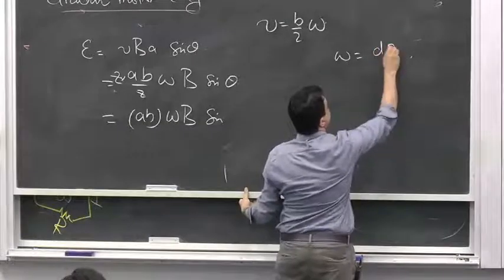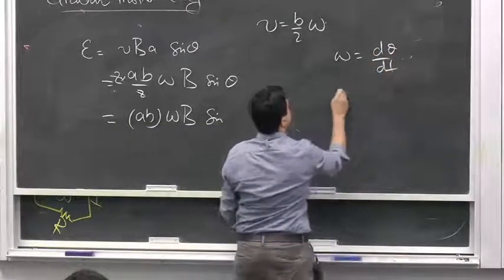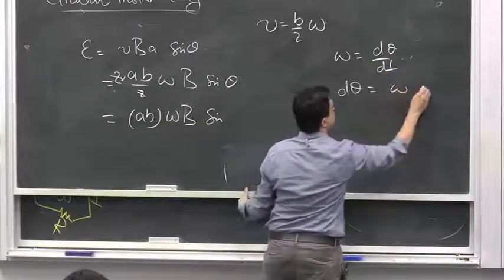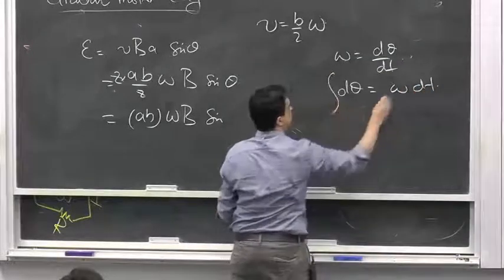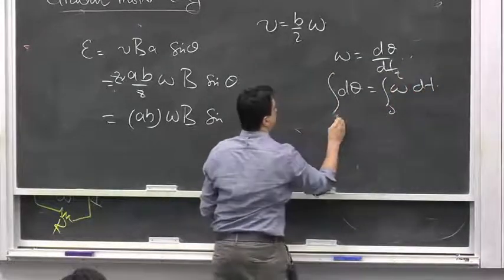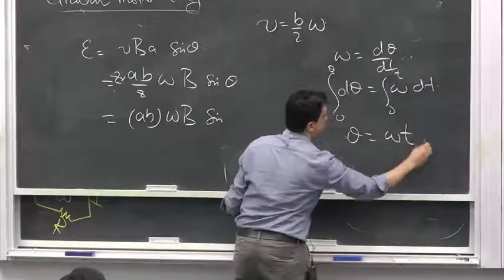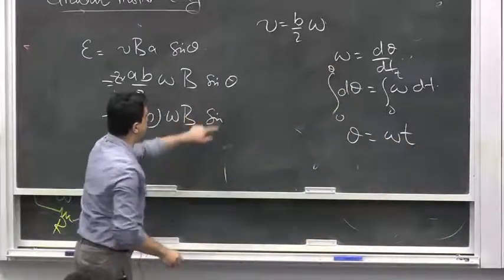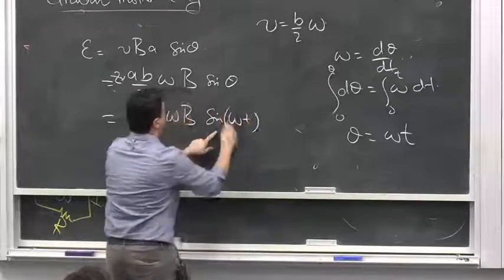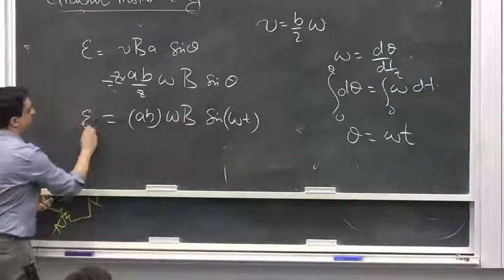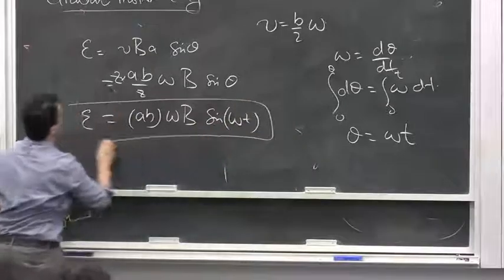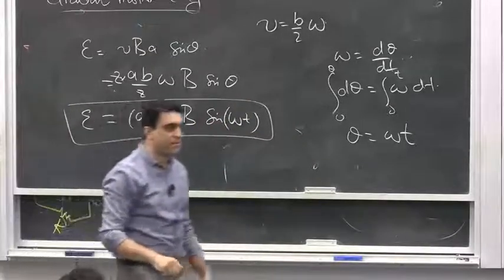This is d theta by dt. You can write d theta equals omega dt, and if you integrate from 0 to t, you have theta equals omega t. So you can replace theta by omega t. That would be the EMF which you would be creating inside this wire.